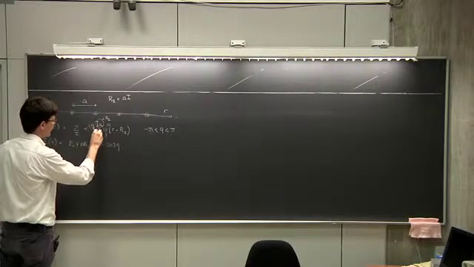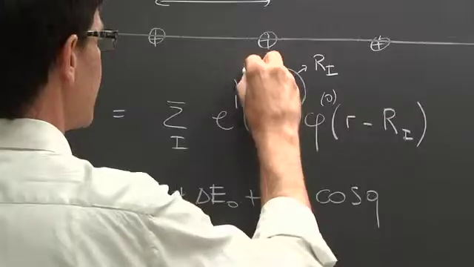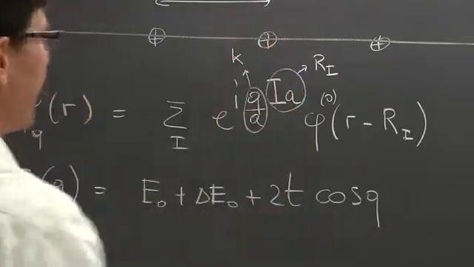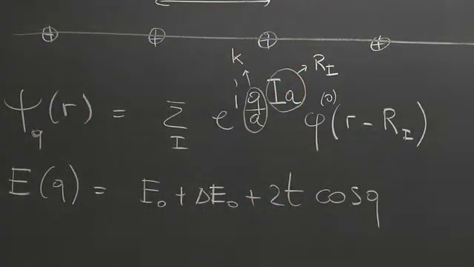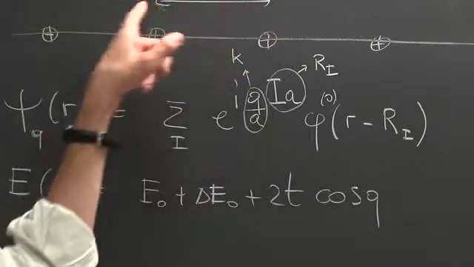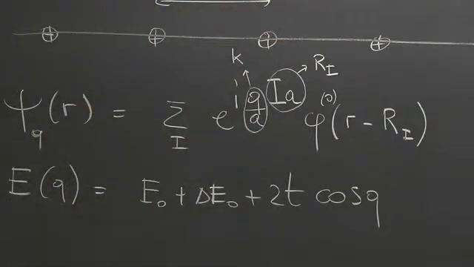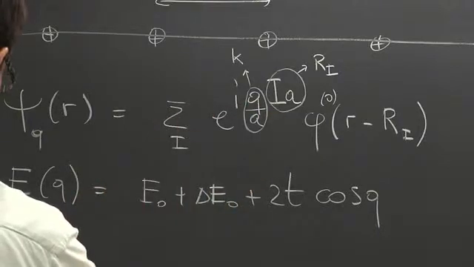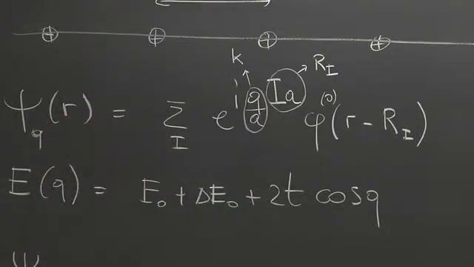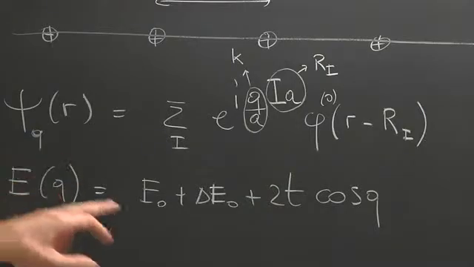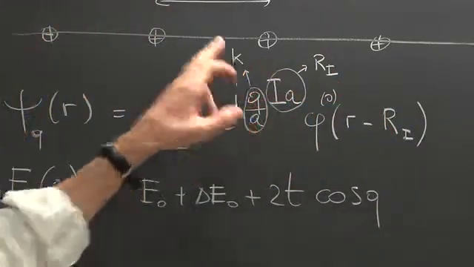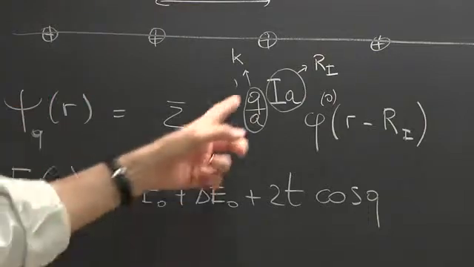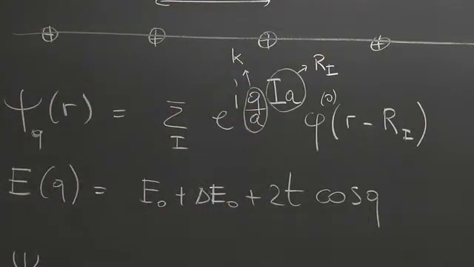And let me now call this object here, instead of Q, let me give it the name K. A is a constant, the distance between the atoms, so I'm just changing variable. Instead of labeling the solutions in terms of this number Q, I'm going to label them according to this number K. It's the same, just scaled by a factor of A.